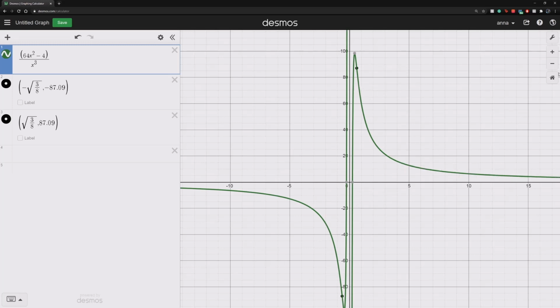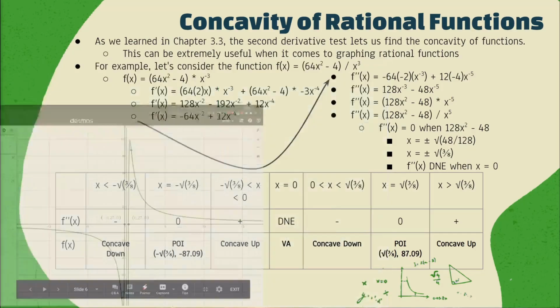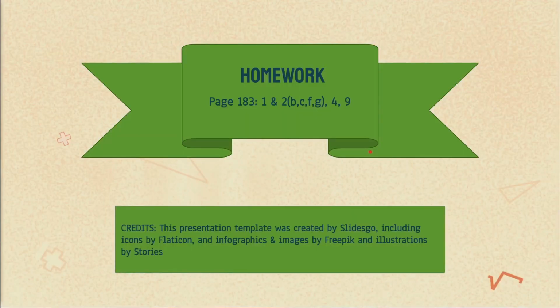The only thing that we wouldn't know would be our zeros, which are right here, which we could find using the first derivative, and then we could kind of be a little bit fuzzy about where the horizontal asymptote is, but we will also go over that in the next chapter. So now we are done with chapter 3.4.